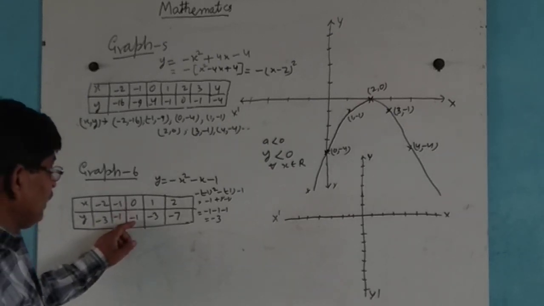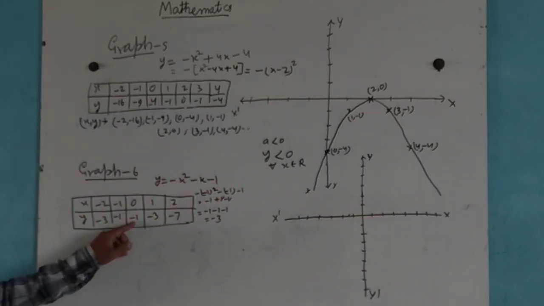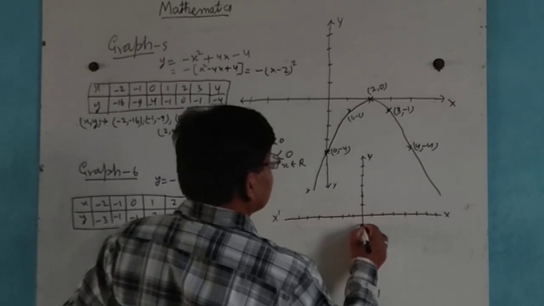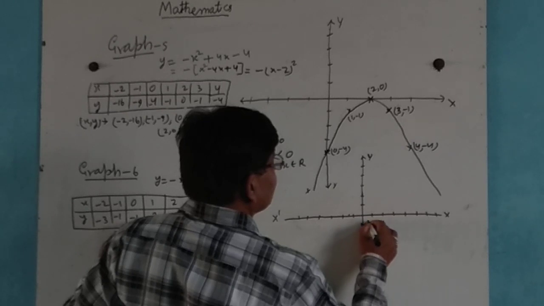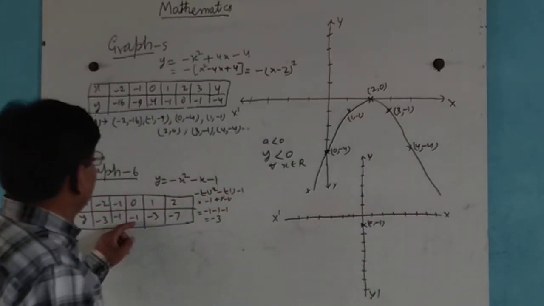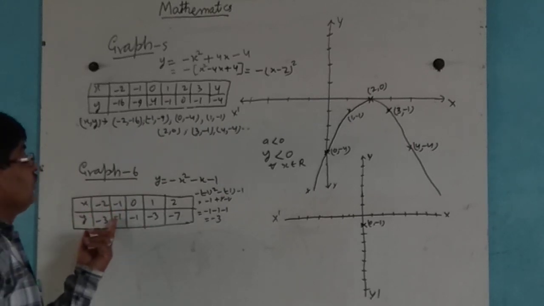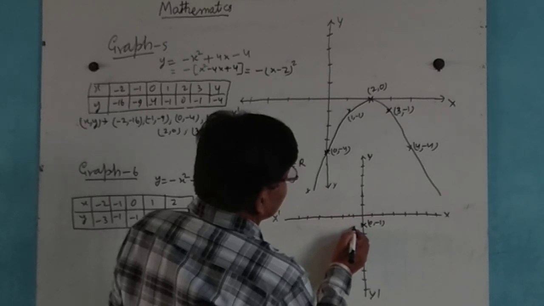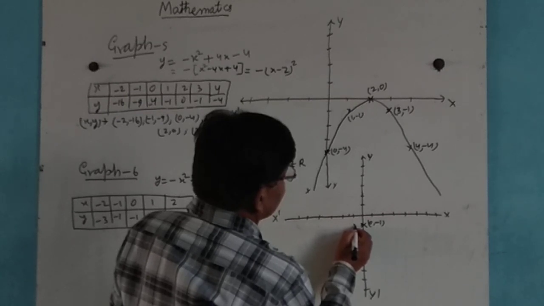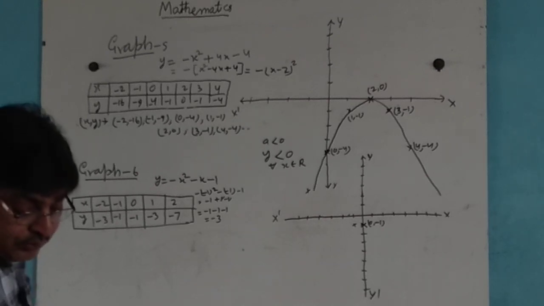Now, put this point 0, minus 1, and minus 1 in the downward direction. And if we plot here, x equal to minus 1, that is equal to minus 1.